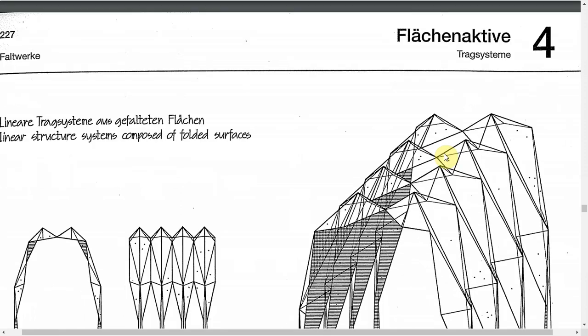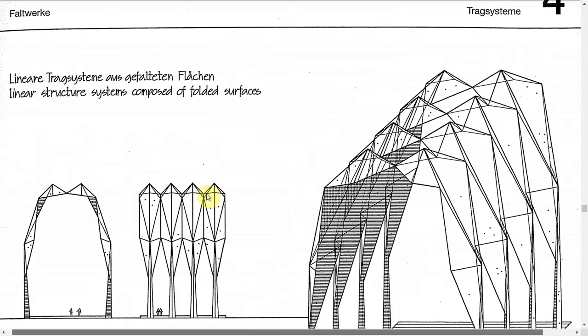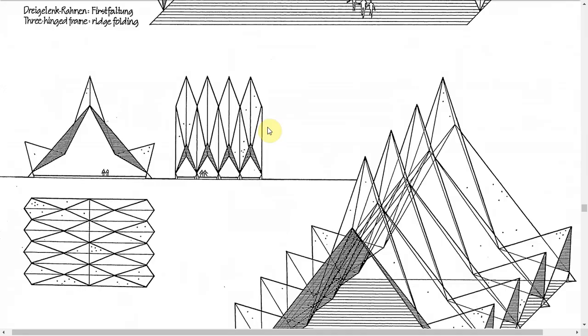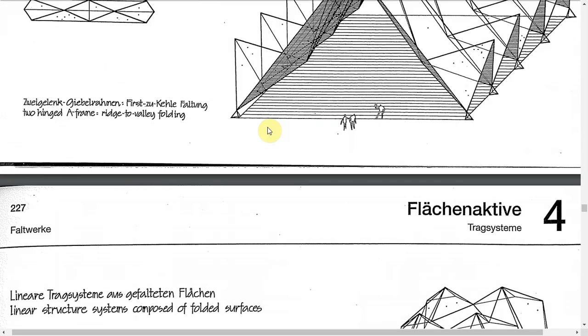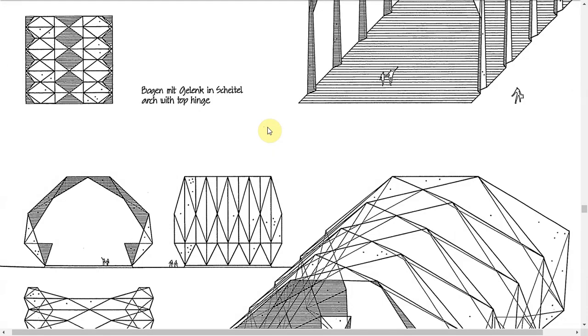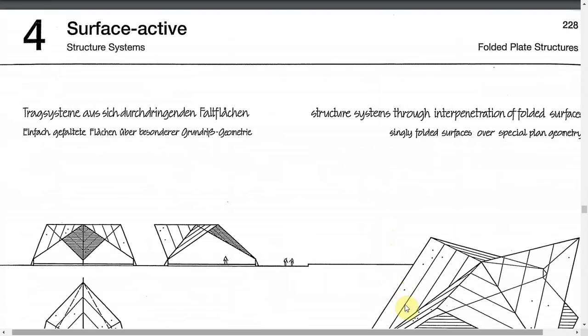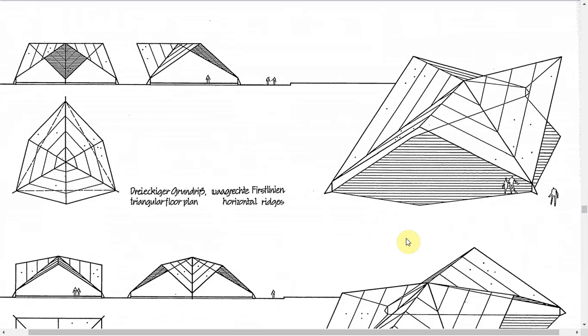Then comes linear structure composed of folded surfaces, right? And then single folded surfaces over special plan geometry, right?